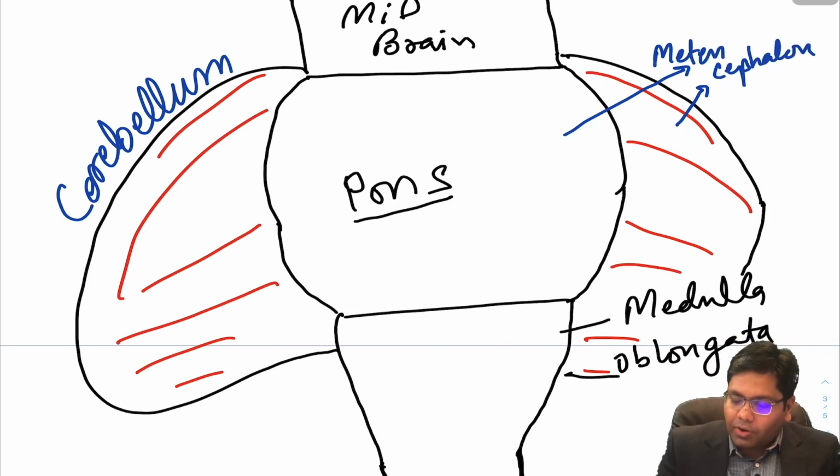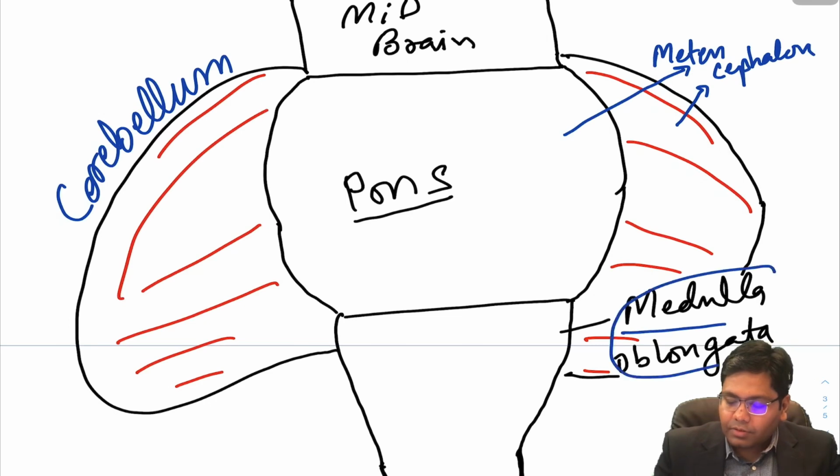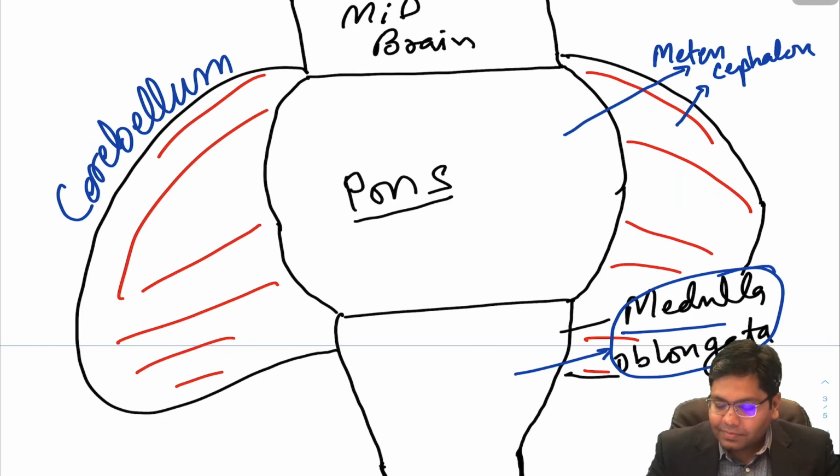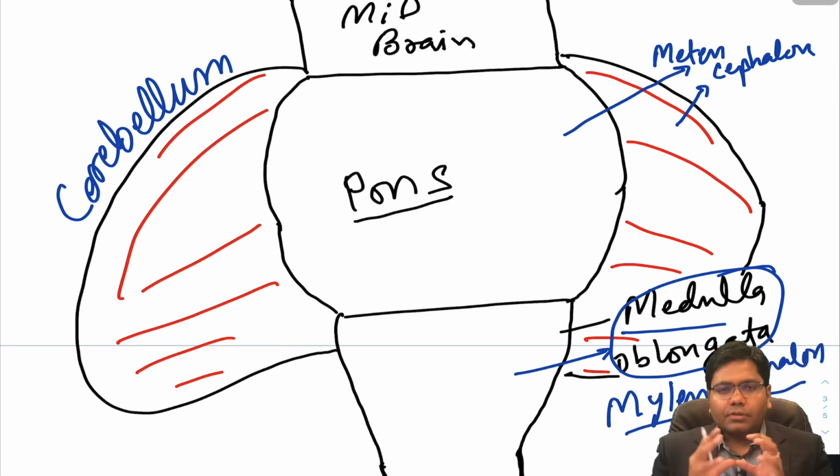And the medulla oblongata is also known as myelencephalon. So my dear friends, you are now at least aware of some nomenclature of the central nervous system.